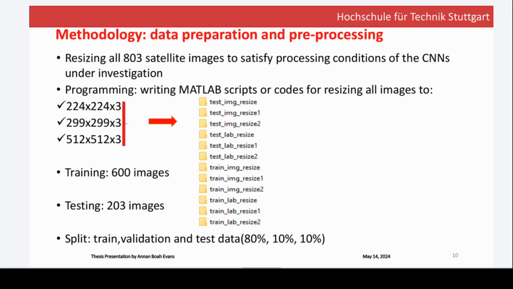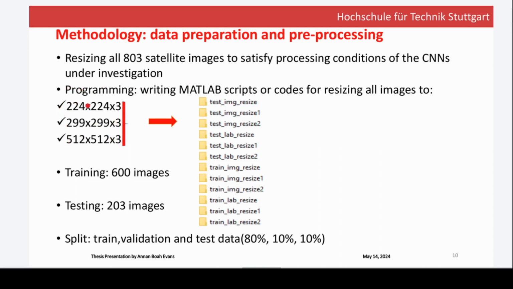Still on my methodology, let me describe how certain things were done in my case. Resizing all the 800 images just to satisfy the conditions of the convolutional neural network. That is where your MATLAB scripting or your Python coding has to come in, like I said earlier. If you look at the various image sizes here, that is what I used.